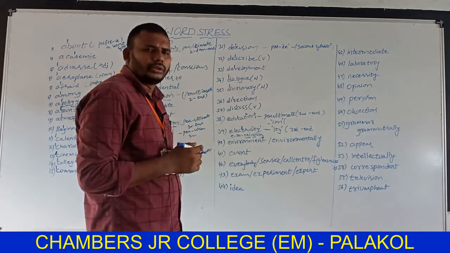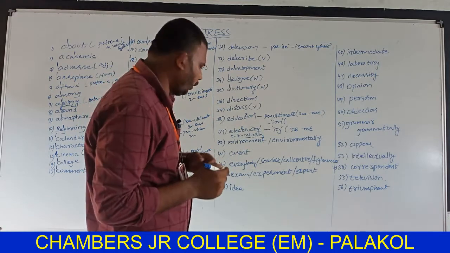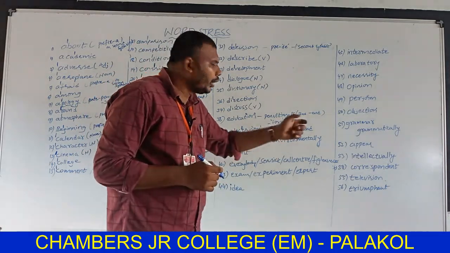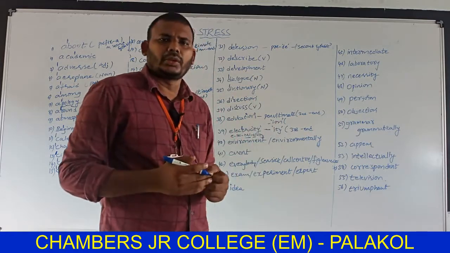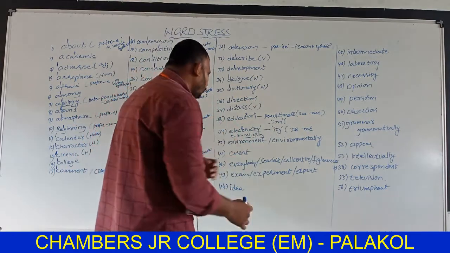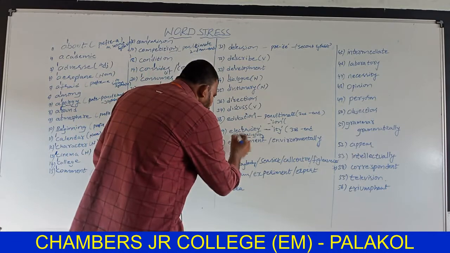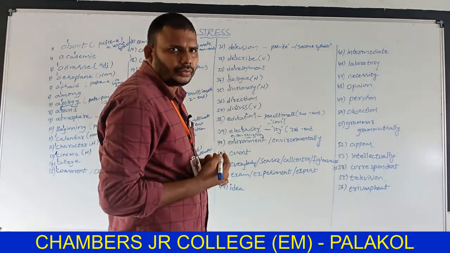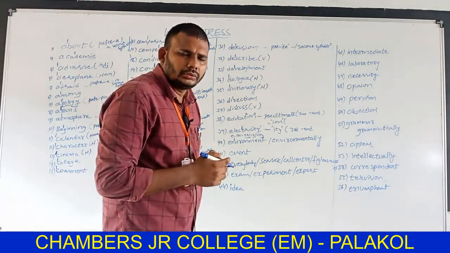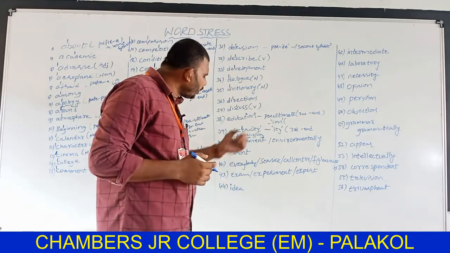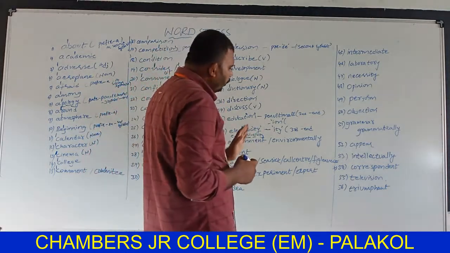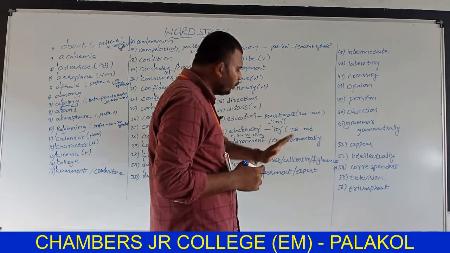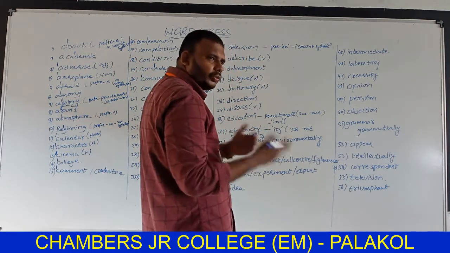And other important words are here in number 40. Environment and environmentally. Both are similar, but both words have different stress marks. How? Environment: here we should put stress on V, because we can take en as a prefix. But can we apply the same rule with environmentally, though it is familiar?